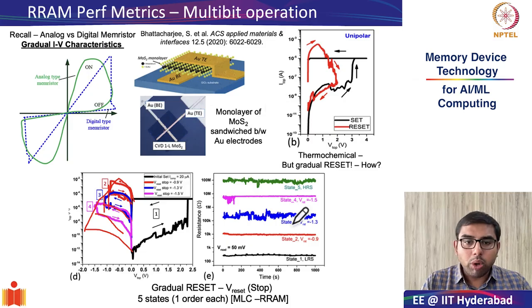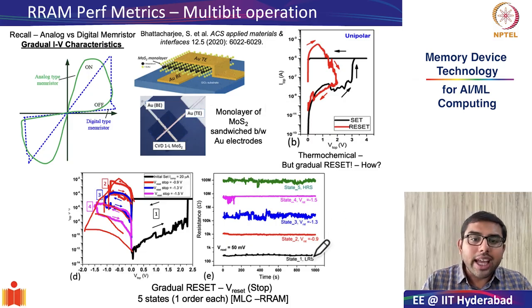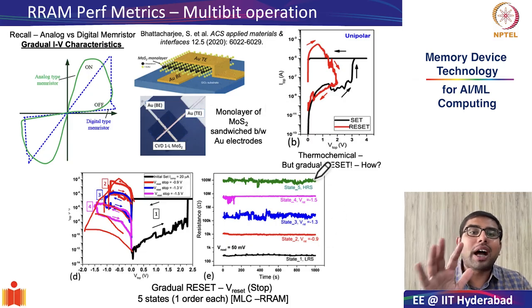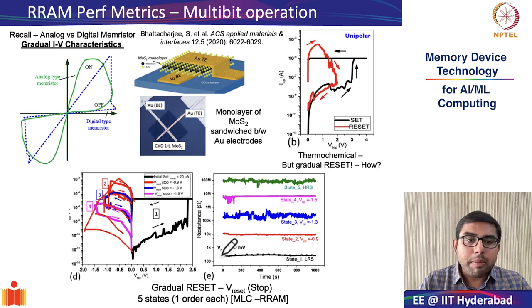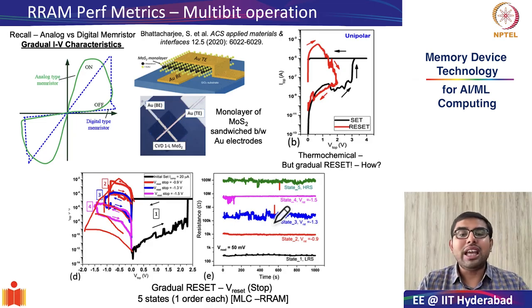And as we had shown in this paper, we can demonstrate at least 5 states which are separated by 6 orders of magnitude. So you have sufficient noise margin between the states also. So this is a demonstration of the thinnest possible MLC RRAM at that particular time.